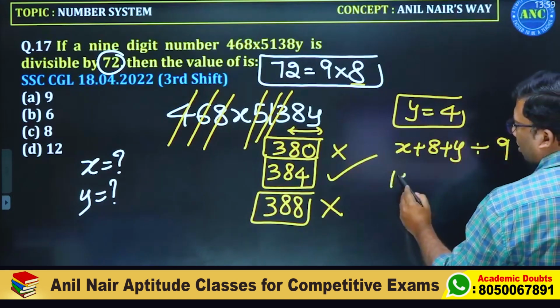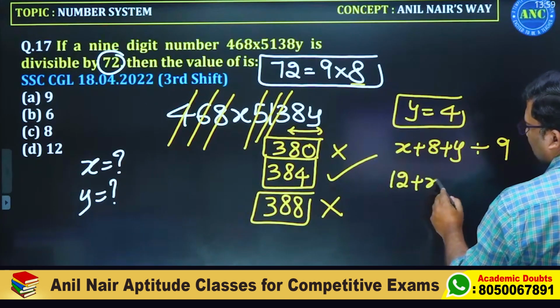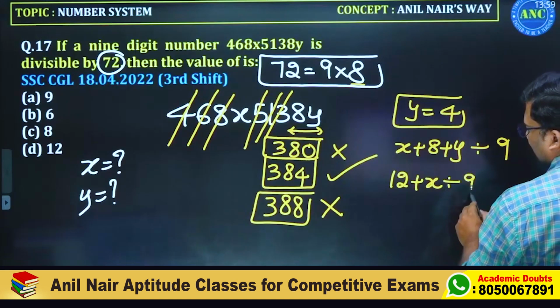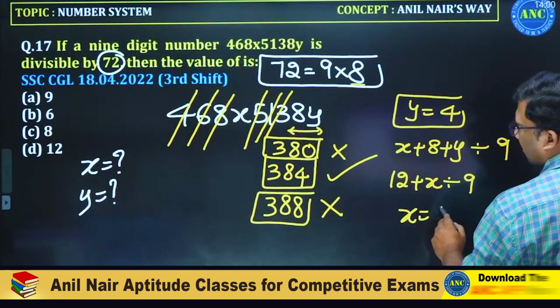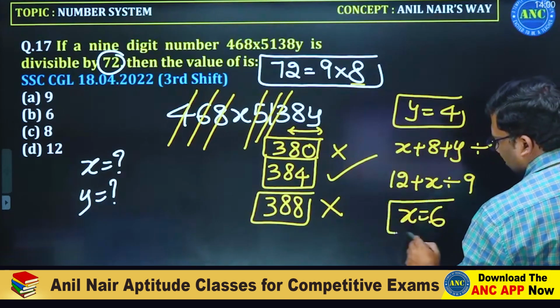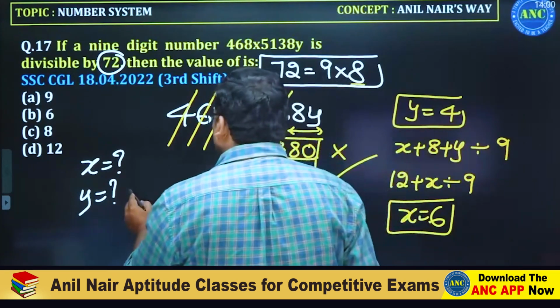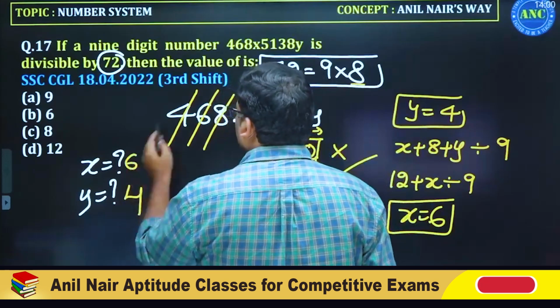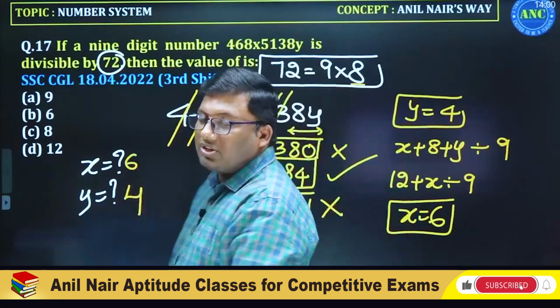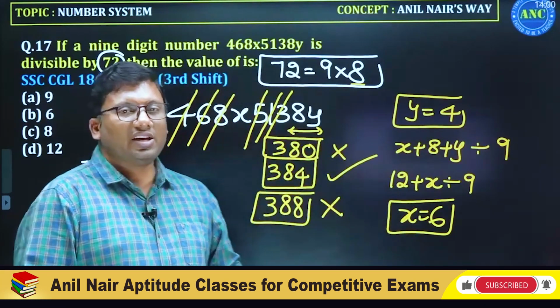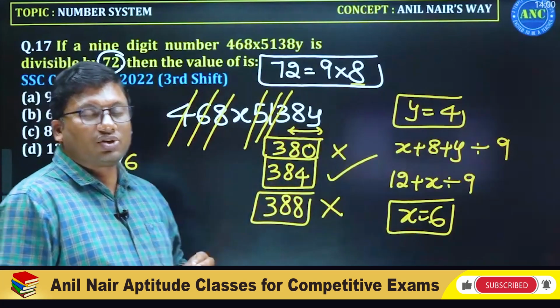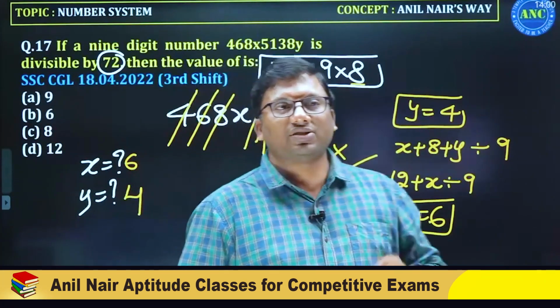Y is 4, so 12 plus x should be divisible by 9. That means x should be 6. Y is 4 and x is 6. The expression is missing; you can substitute in the expression and get the answer. Very good question, a divisibility rule based question.